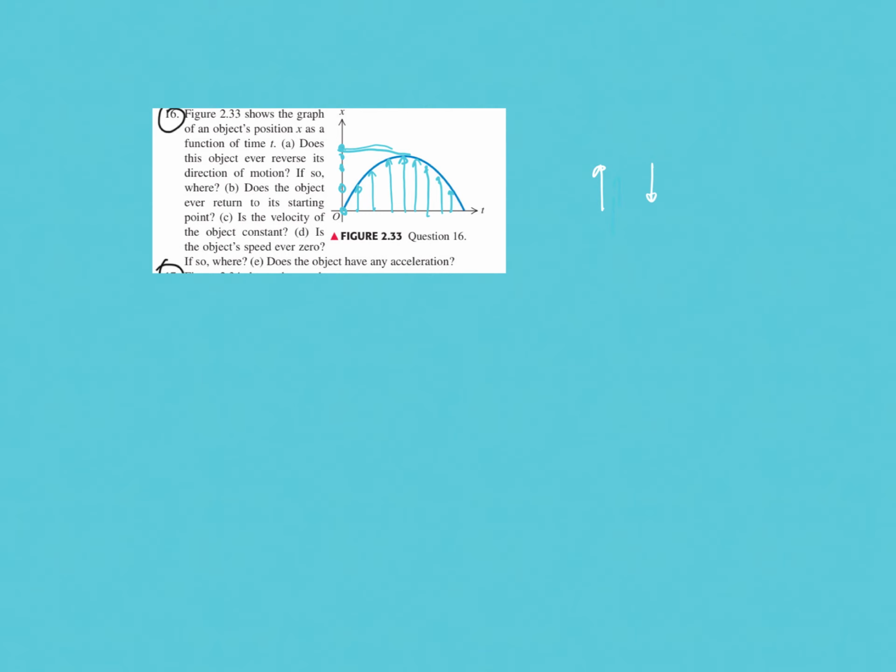So let's answer the question that he's asking. Does the object ever reverse its direction of motion? Yes, exactly at this point, he is at the maximum distance. His velocity is 0 because the slope is 0, and he's coming back later on, so he's reversing.